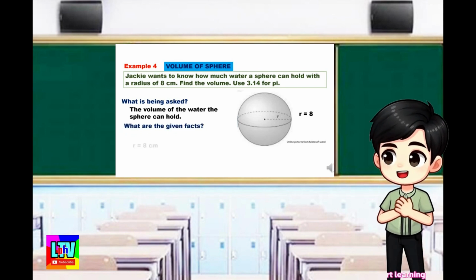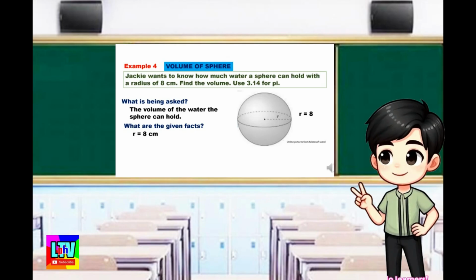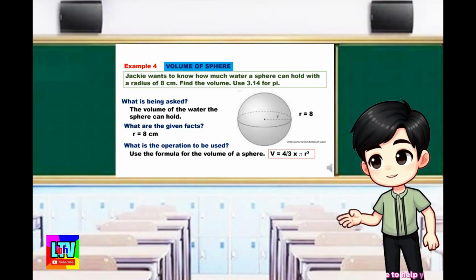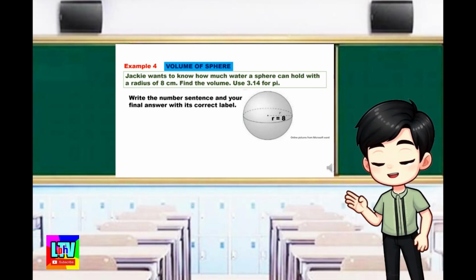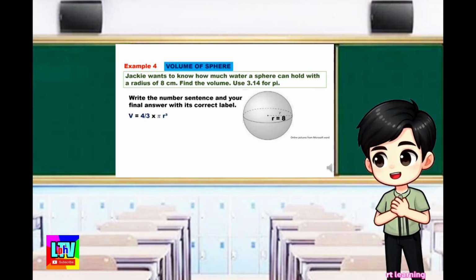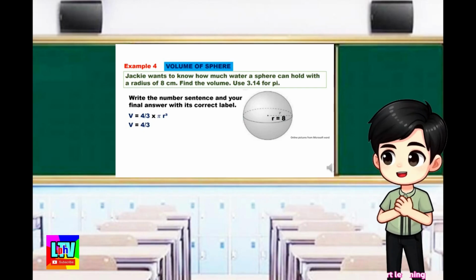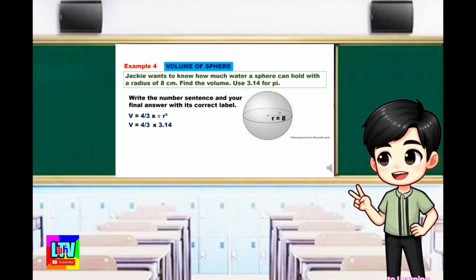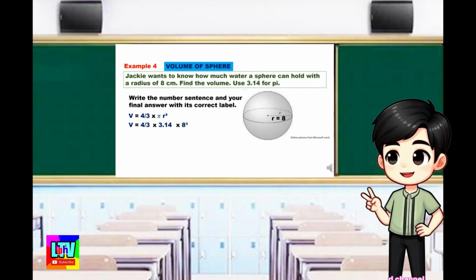What are the given facts? 8 centimeters, and that is the radius. What is the operation to be used? Use the formula for the volume of a sphere. Write the number sentence and your final answer with its correct label. Using this formula, so 4/3 is constant times pi 3.14 and the radius is 8.